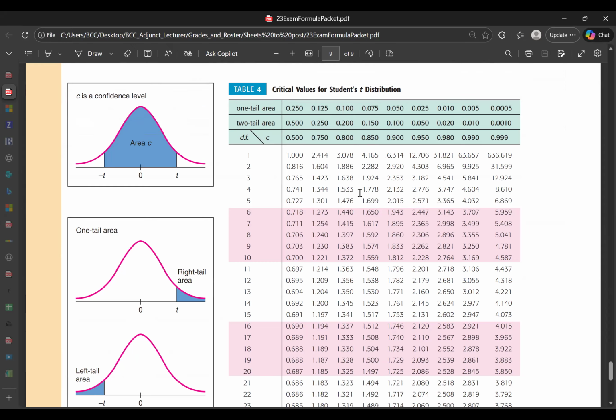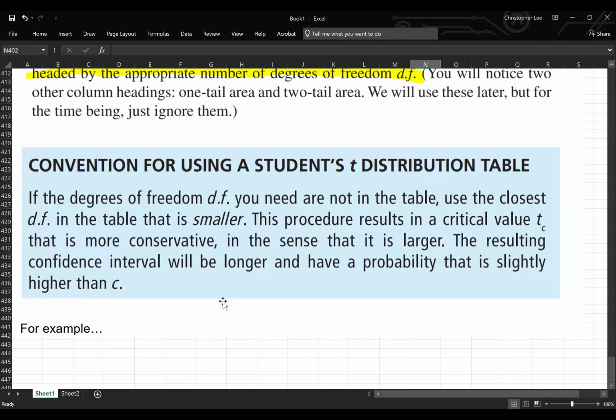All right, let's get into it real quick, right? So, the convention for using a Student's t distribution table: if the degrees of freedom, df, you need are not on the table, use the closest degree of freedom in the table that is smaller.